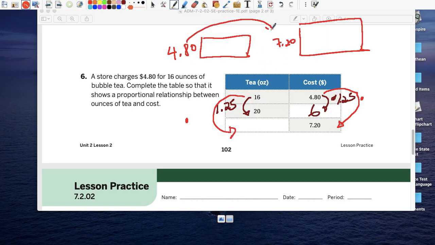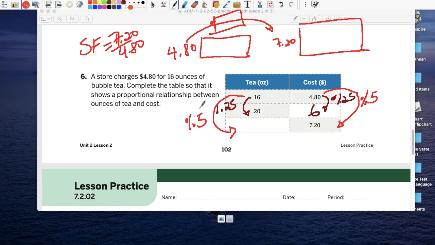Again, it's an enlargement, it got bigger, so there was a scale factor. It's big over small, so 720 divided by 480 equals 1.5. So 480 times 1.5 is 720. So on this side, 16 times 1.5 is going to give us the number that we're missing, which is 24, exactly what we had before.